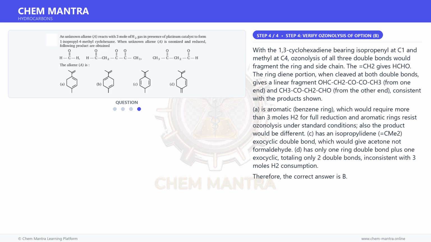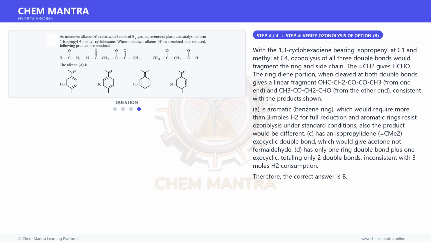The =CH2 gives HCHO. The ring diene portion, when cleaved at both double bonds, gives a linear fragment OHC-CH2-CH3 from one end and CH3-CH2-CHO from the other end, consistent with the products shown.